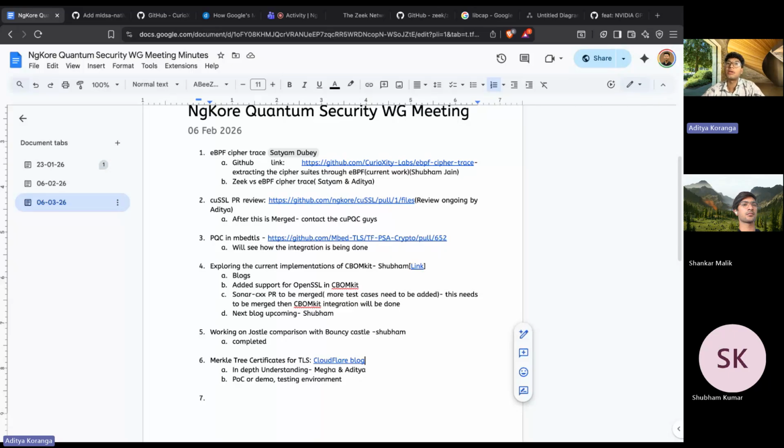Now, what about the mailing protocols like POP3, IMAP, and other things? These mailing protocols basically use StartTLS, and StartTLS under the hood uses TLS only.